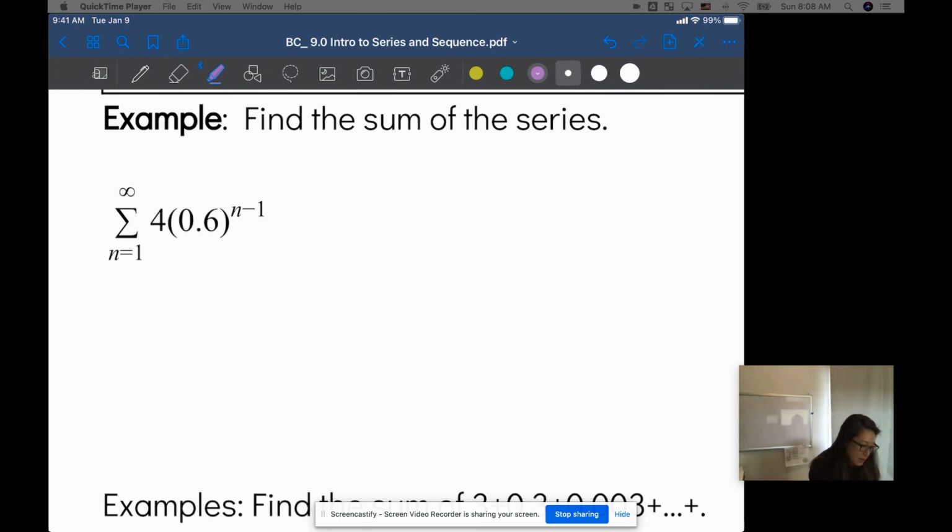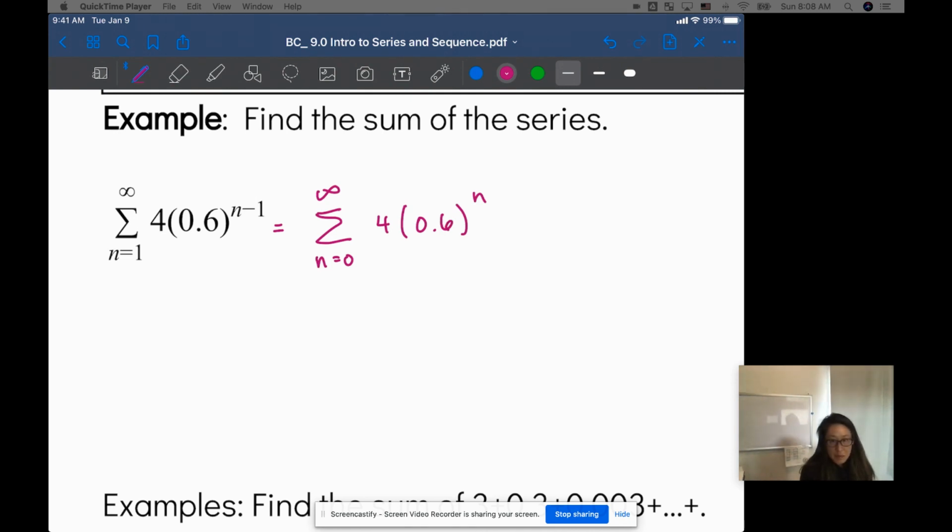Okay, so I have the sum of 1 to infinity of 4 times 0.6 to the n minus 1. Honestly, we can rewrite this as, if I substitute in 0 to infinity instead, so I subtract 1 from n, then I'm going to adjust my n value by adding 1.